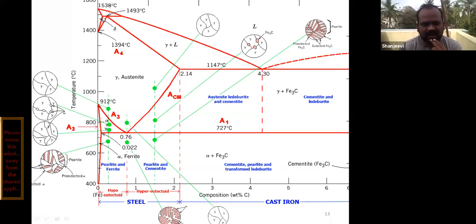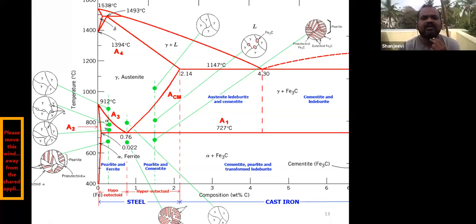If you bring a vertical line downwards, you can see how much percentage carbon is there. That indicates a very, very minor amount, say 0.15 percent carbon. So only 0.15 percent. That's why this is called pure iron.